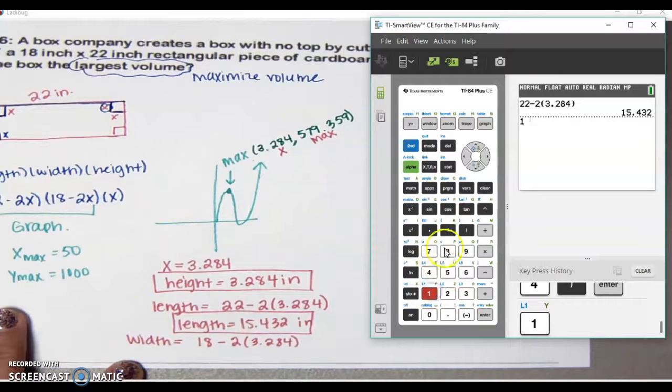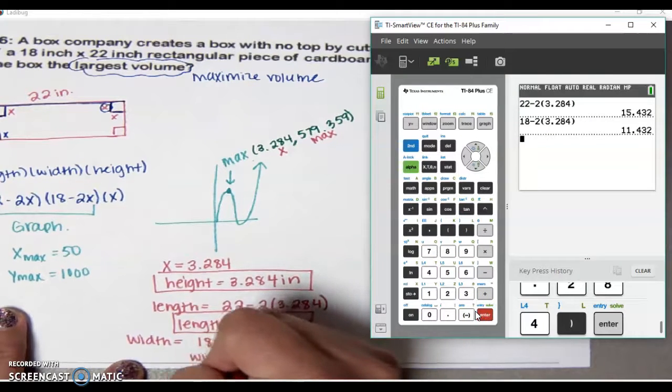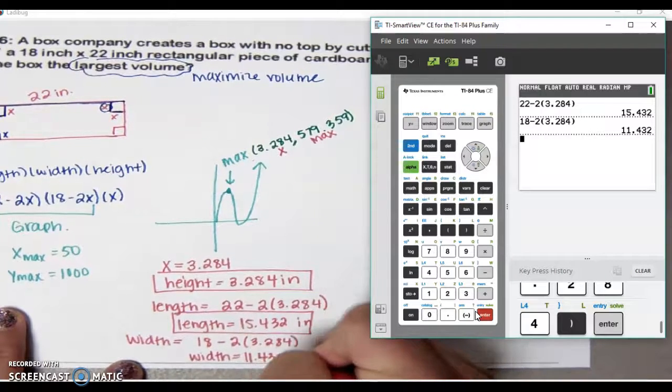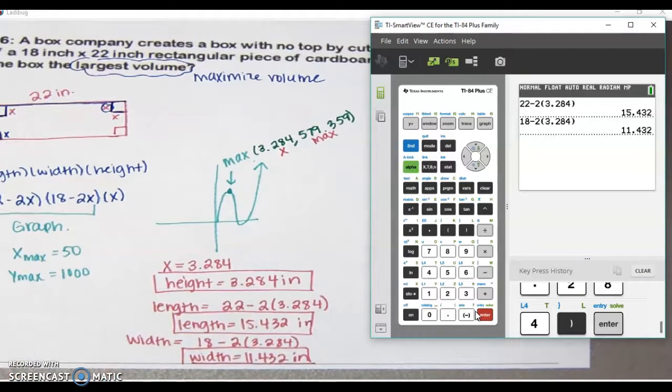So we do 18 minus 2 times 3.284. This should give us 11.432. So those are our dimensions that our box will be, and will not have a top on it, to maximize the volume. So we found the maximum there.